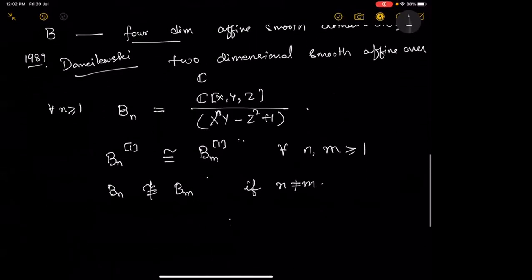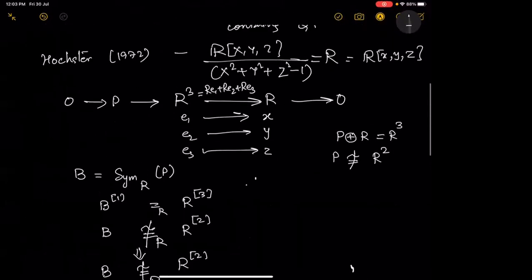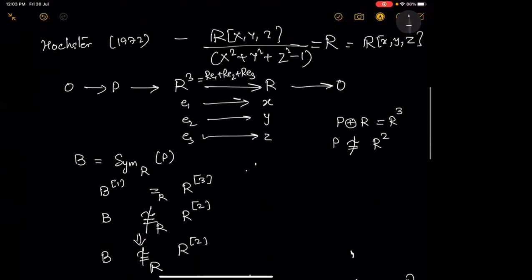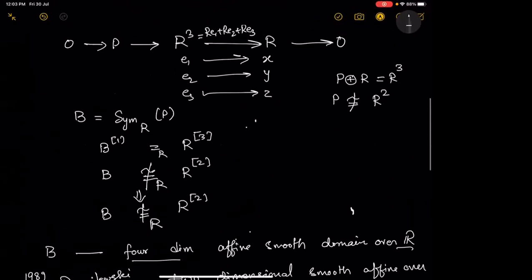But these examples, this example of Hochster and Danielewski, if we look at it carefully, if I adjoin one variable, they become stably polynomial.